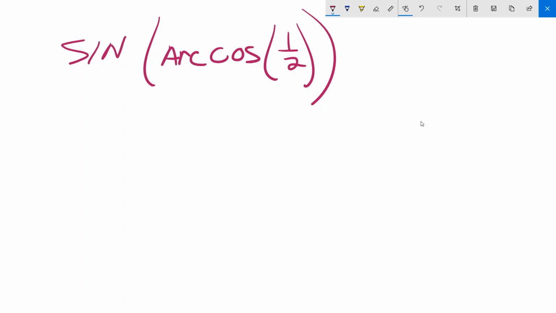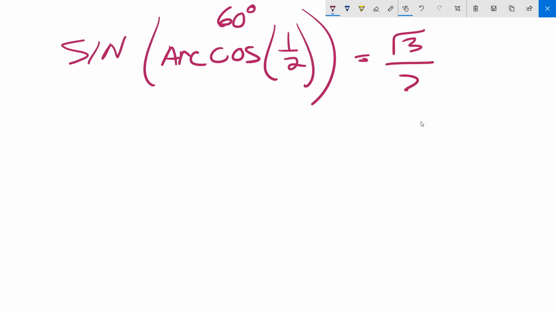Is that an angle or is it a ratio? Okay, what angle is it? Okay. Now, what's the sine of 60 degrees? It's root 3 over 2.